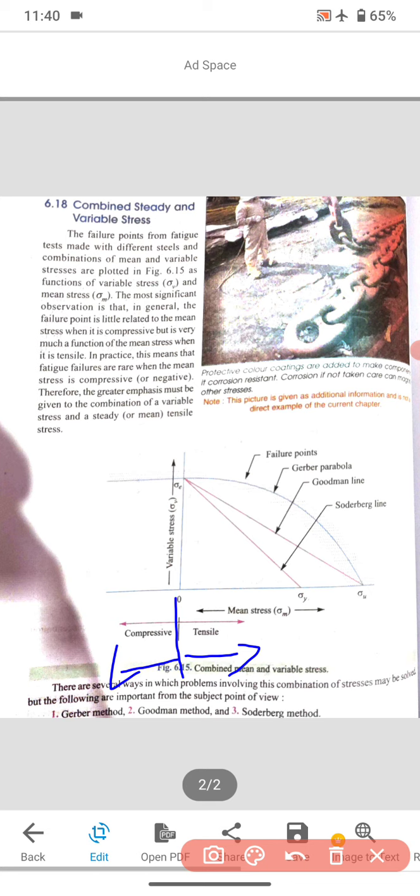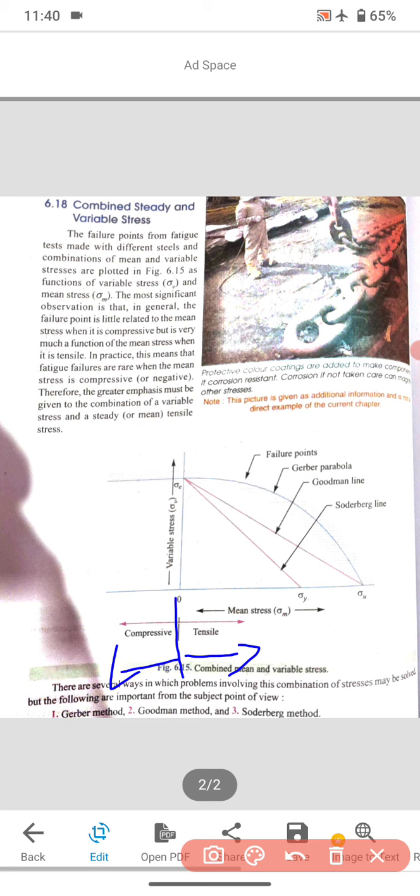Generally the tensile value has a greater effect on the machine component as compared to the compressive stress value. So we plot the graph for the tensile portion only.